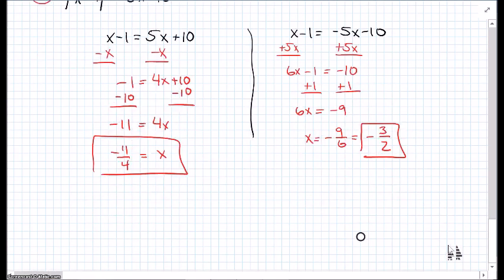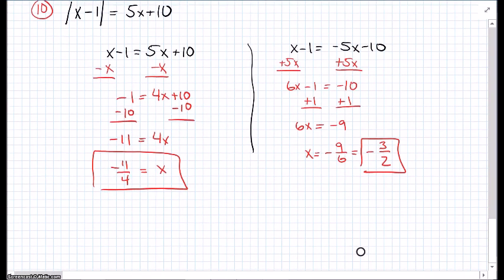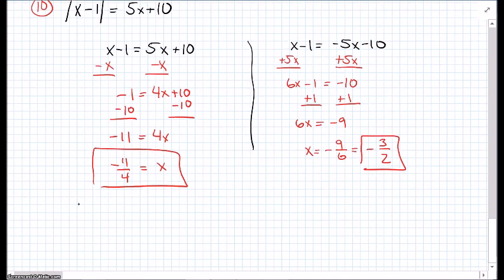So now what we've got to do is plug these values back into the original equation and see if they both still work. We'll start with the first one on the left. We just plug negative 11 over 4 back into the equation. So the absolute value of negative 11 over 4 minus 1 equals 5x plus 10.